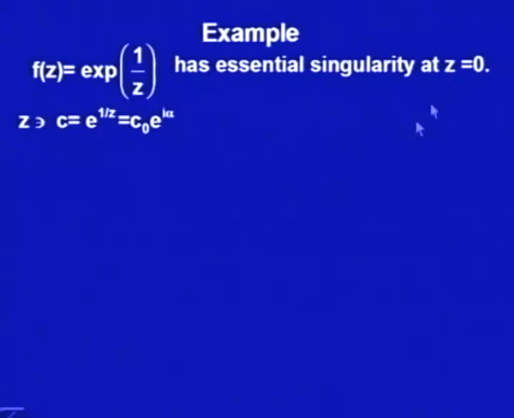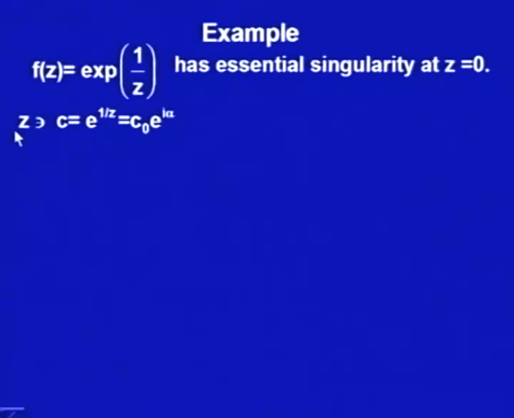Because it is an essential singularity, we are now going to use the disk 0 less than |z| less than r. What we say is that for every finite value it will take infinite times. So, now I am taking a particular value c for f(z).